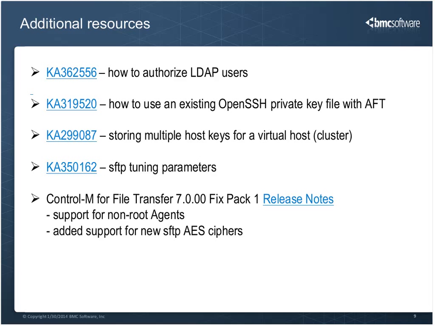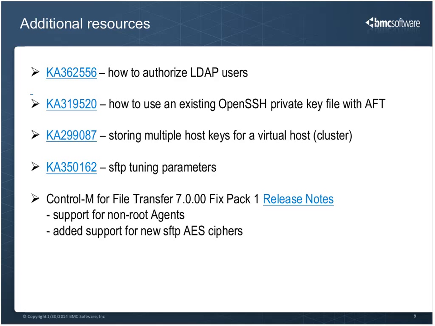I've shown you that AFT stores host keys for checking hosts. Now, if you're connecting to an SFTP server that is installed on a cluster or a load balancing machine, then from time to time that SFTP server might change to another physical host, in which case the server key for that host changes as well.